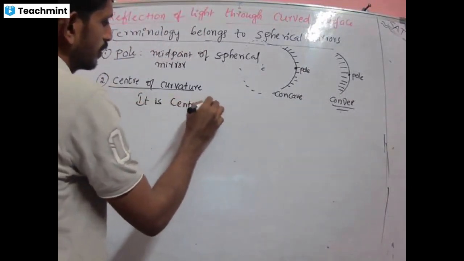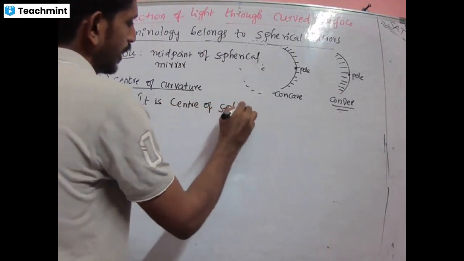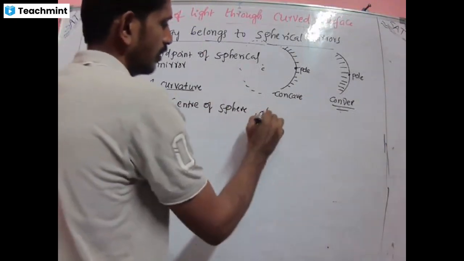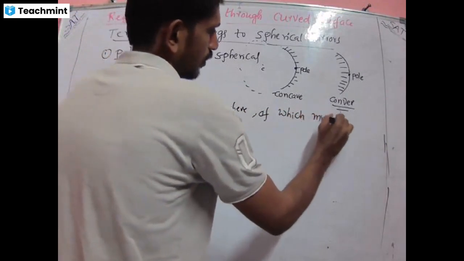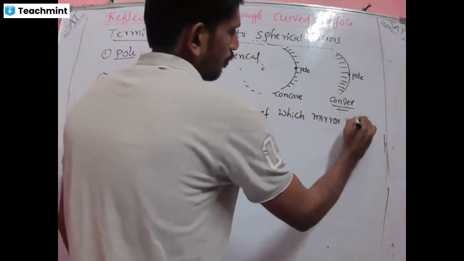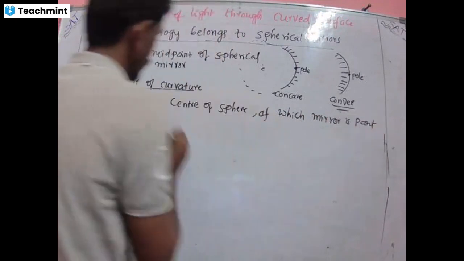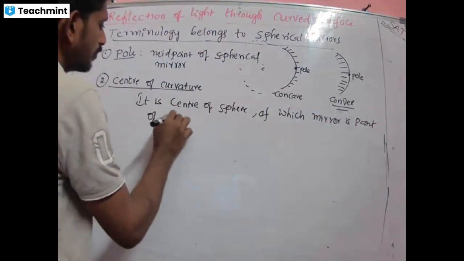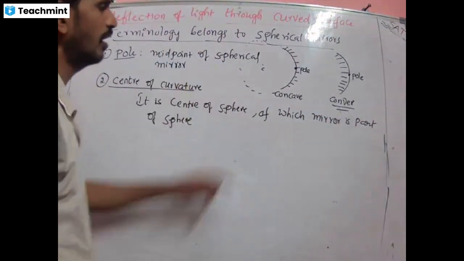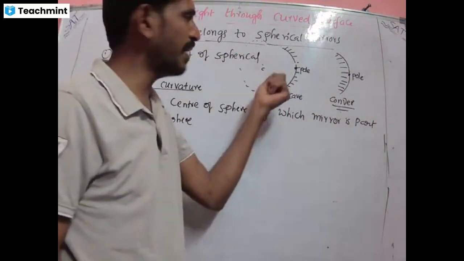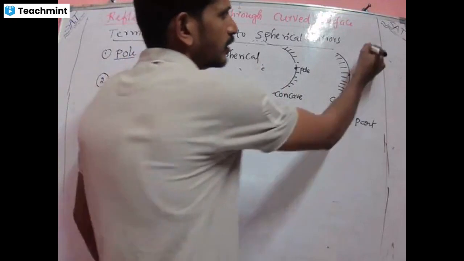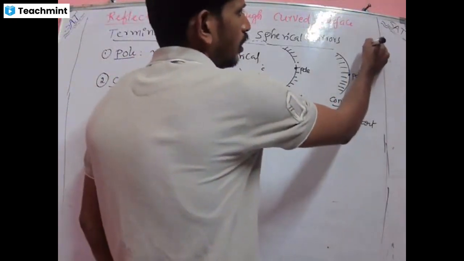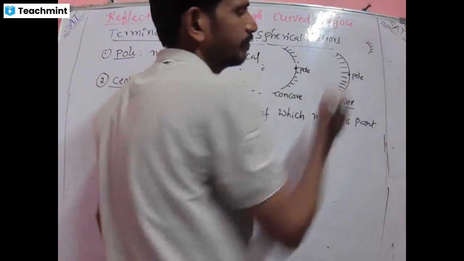Every curved surface has an imaginary center, and that center is called the center of curvature. For example, if we take a small convex mirror, we have a small center.